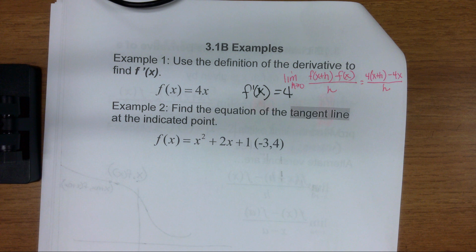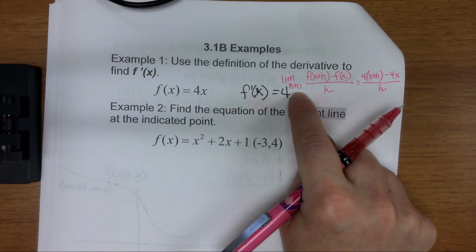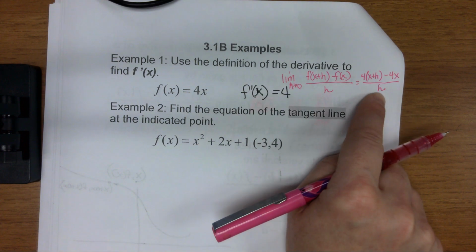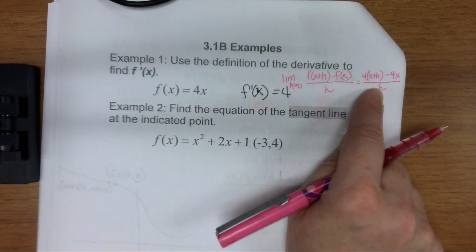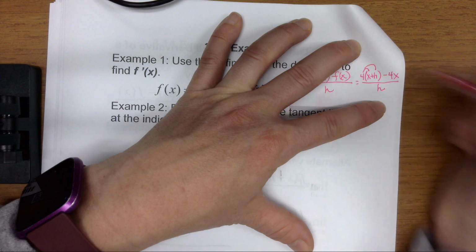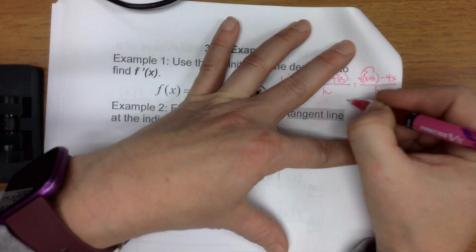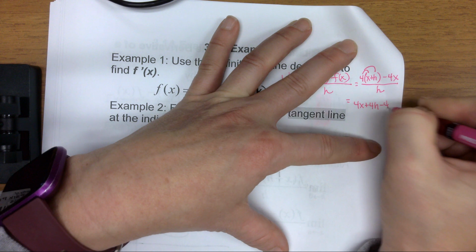Now, you can't evaluate this limit directly, because what would happen if you put in 0 for h? It's going to end up being 0 over 0. But let's see if we can simplify this. If I distributed this, wouldn't I get 4x plus 4h minus 4x over h?